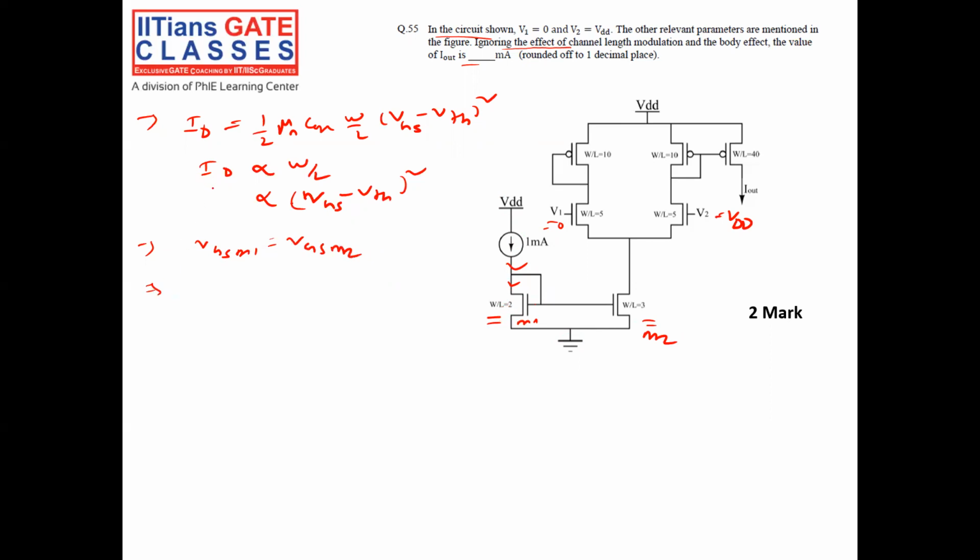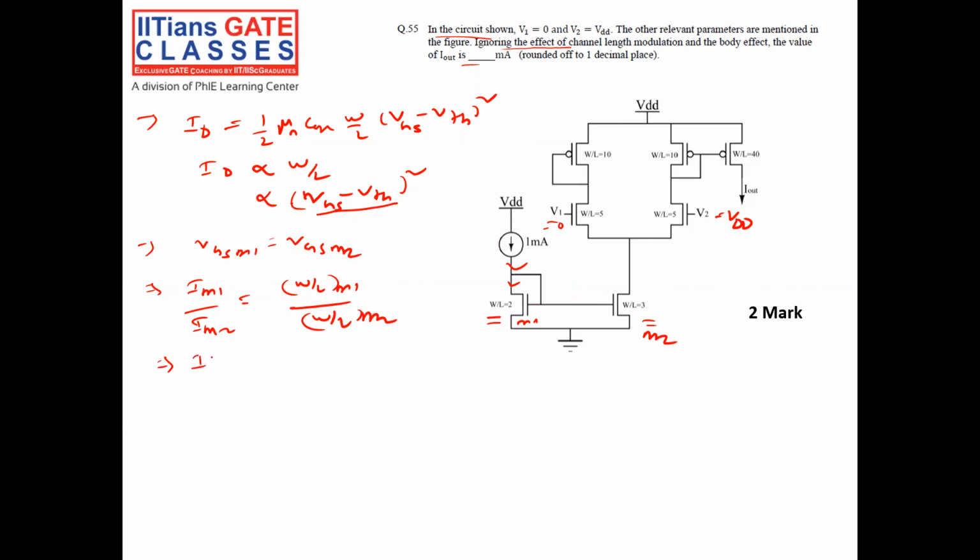So current in M1 by current in M2, since VGS is constant, will be W by L of M1 by W by L of M2.